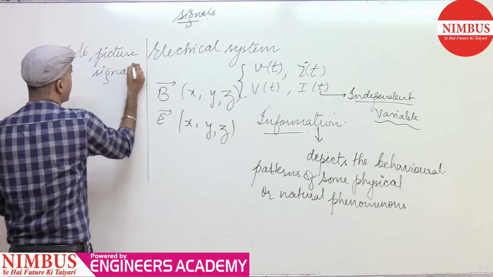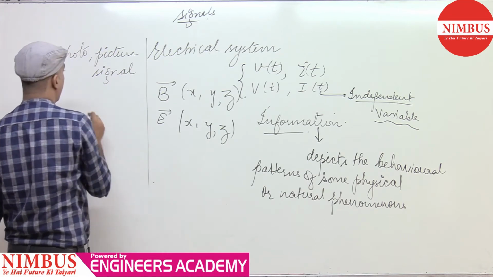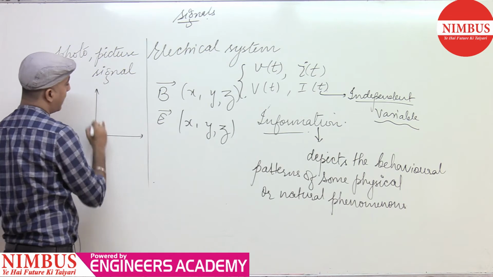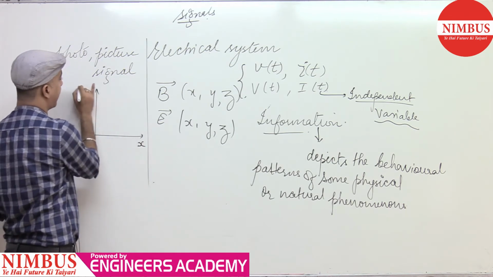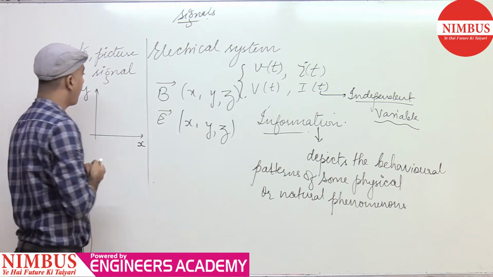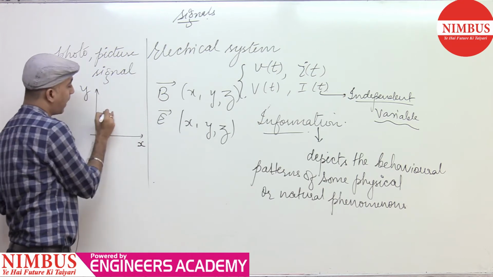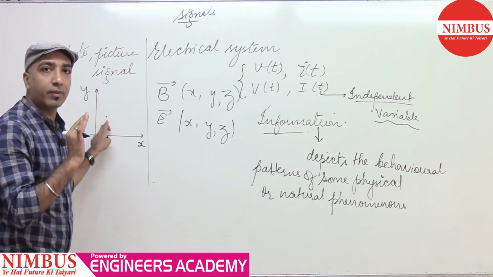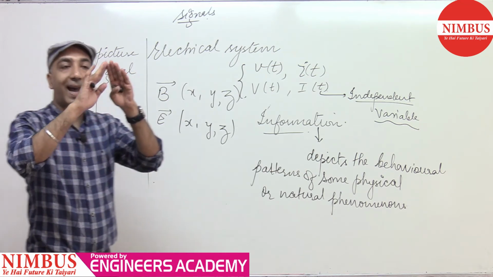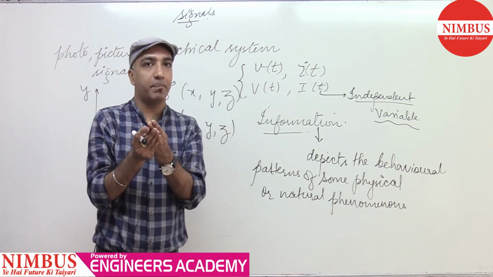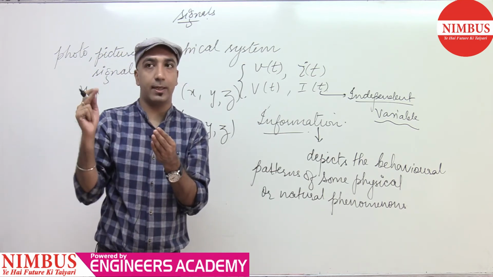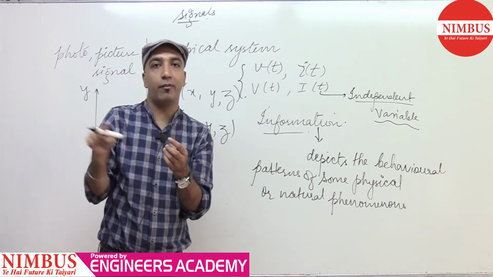A picture signal would be represented with abscissa, that is x, and ordinate, that is y. With these two spaces, a point would be there, and the array of this point on x and y coordinates respectively will frame a photo.